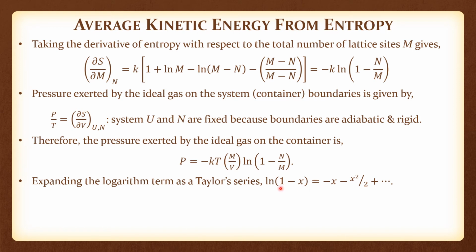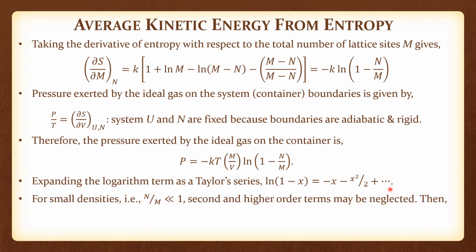Now expanding this logarithm as a Taylor series, ln of 1 minus x is minus x minus x squared by 2, and so on. For very small densities, n by m is much less than 1. Keep in mind this is a measure of density, because m is the total number of lattice sites and n is the number of gas molecules. The assumption we made in developing the system specifications is that there are very few gas molecules in the volume.